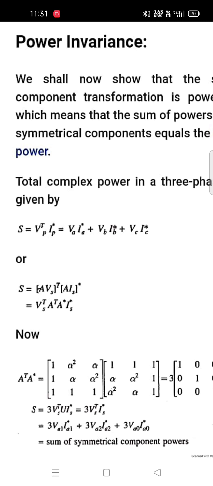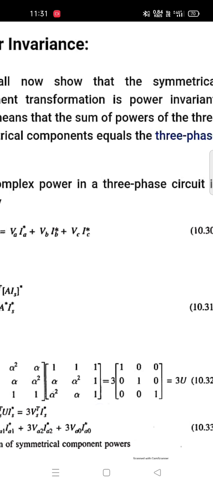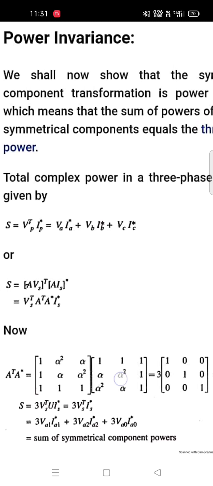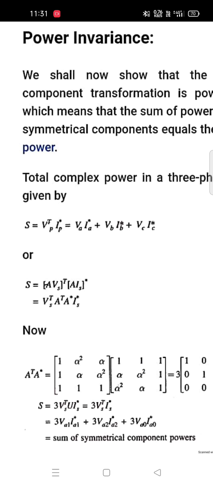Here A transpose into A conjugate comes out as 3 times the unit matrix, so we can say 3U. So our power will be S equal to 3 into Vs transpose into Is conjugate.